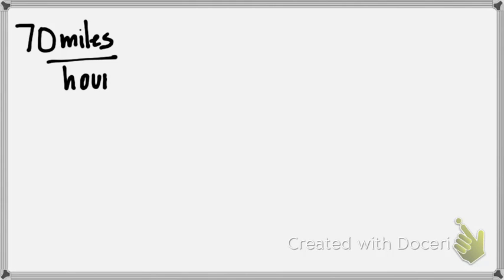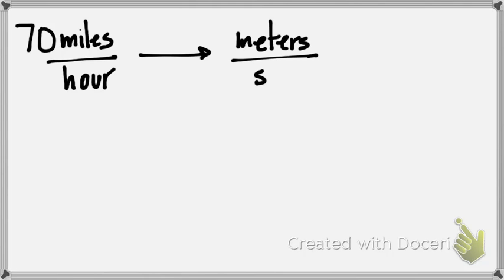An example where you would do this is where you would change something like 70 miles per hour into meters per second. So now we're not talking about just going from an English unit to a metric unit. We're talking about going from 2 English units to 2 metric units.